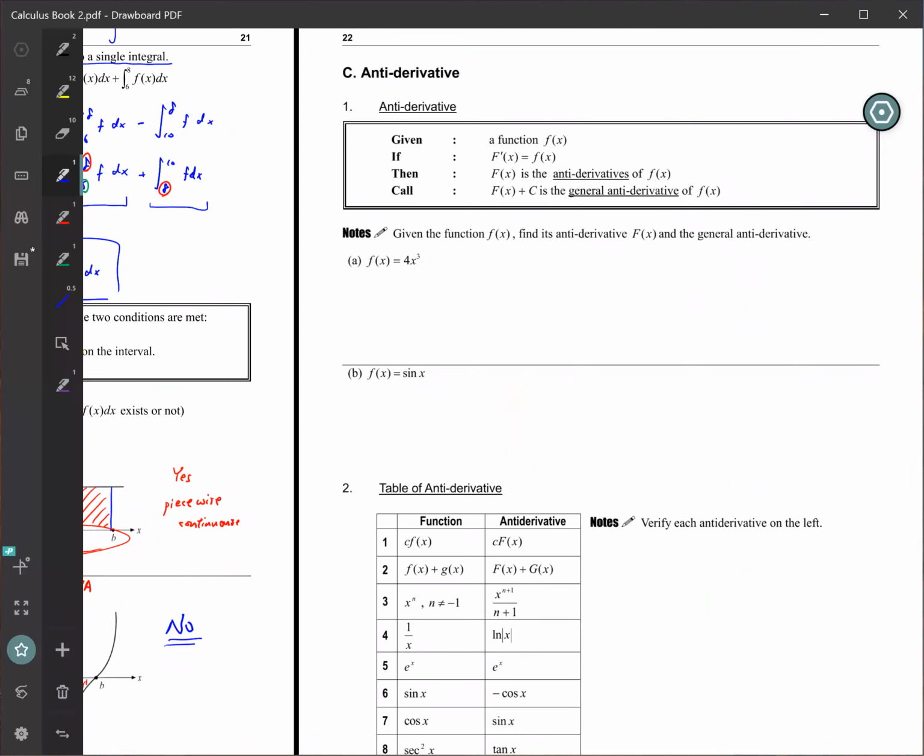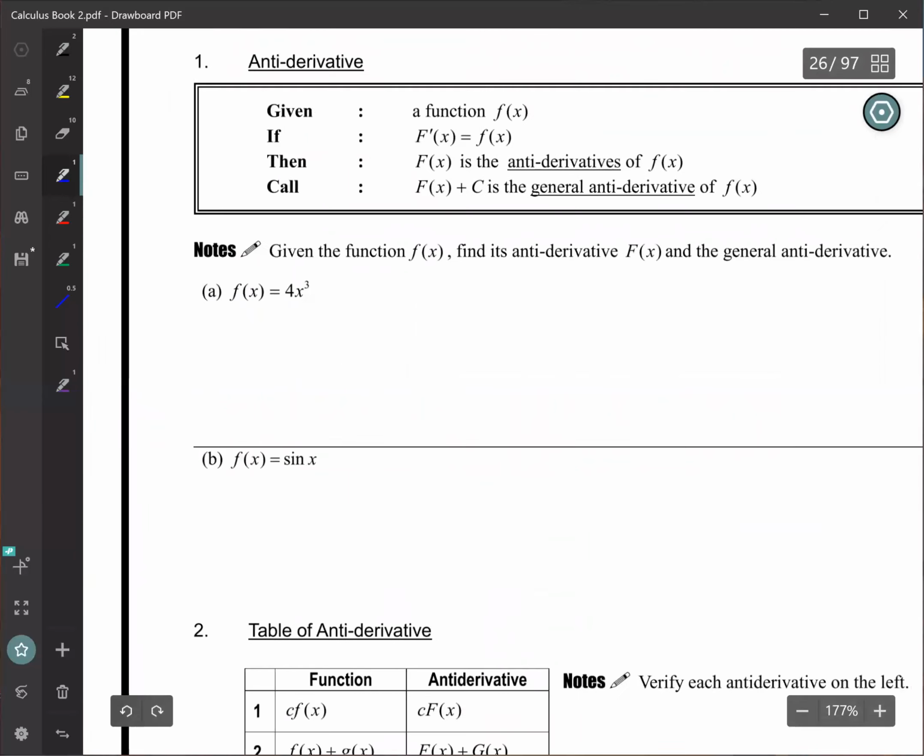It's called the antiderivative. So it's like the un-derivative, which is in book one. Book one is fully focused on derivatives. So we want to undo it, going backwards. Let's look at the definition here.